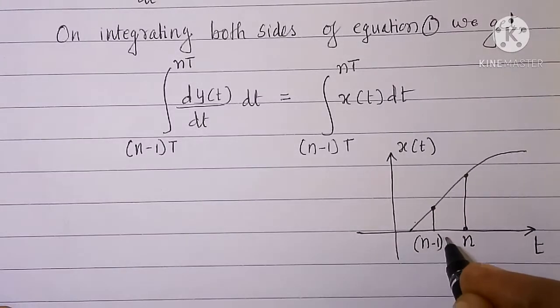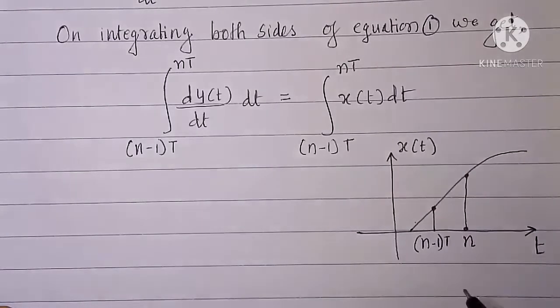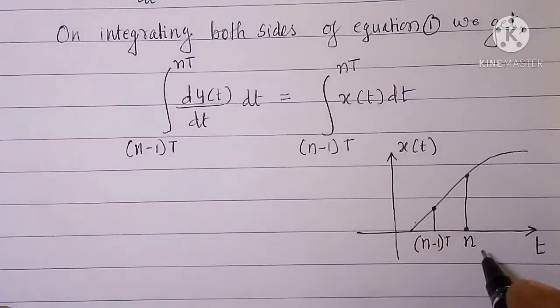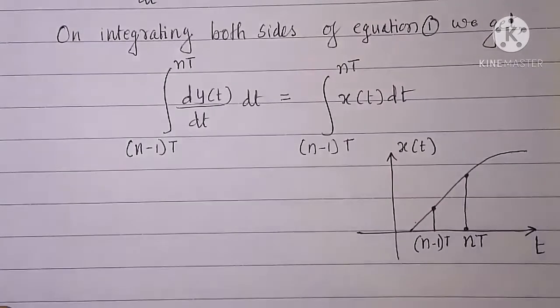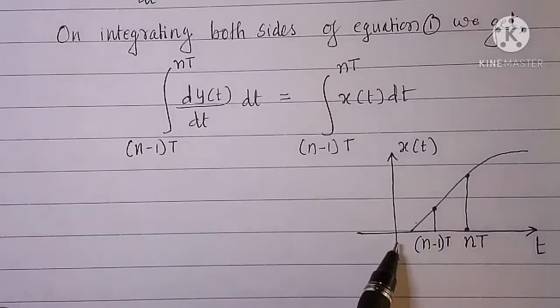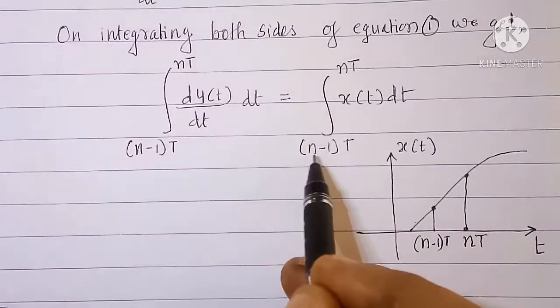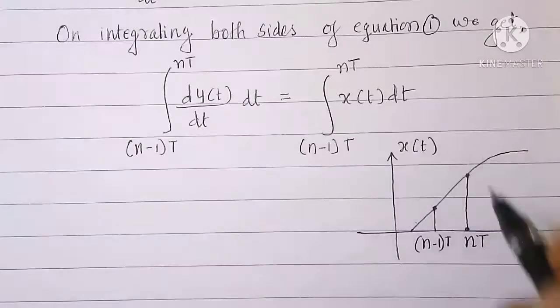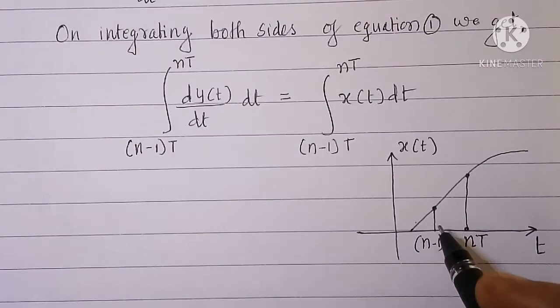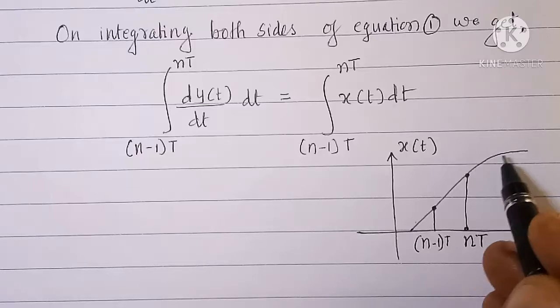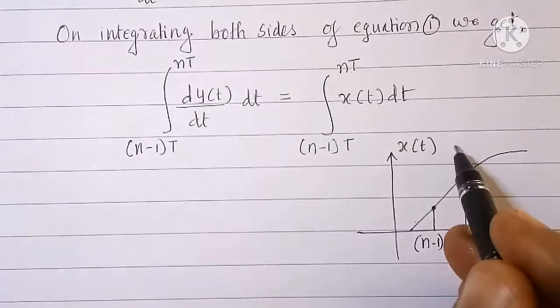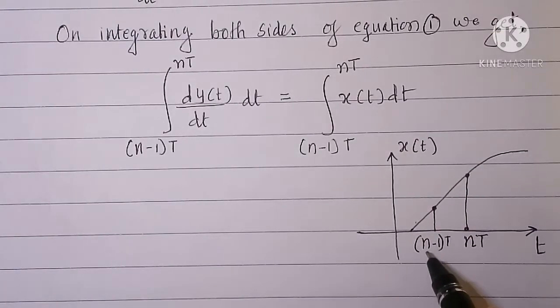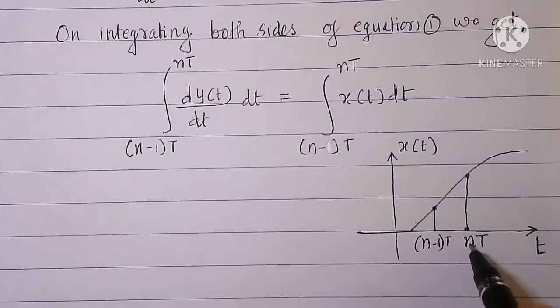In discrete time domain, it is n minus 1 into T and it is n into capital T. So limits of integration are n minus 1 into T to n into T. I am integrating the part of function x of t between n minus 1 into T to n into T.